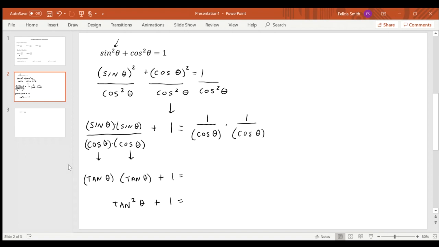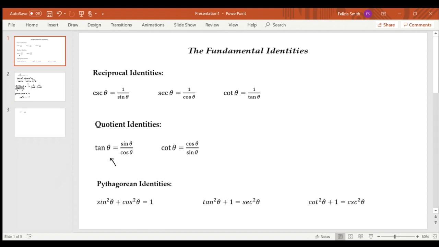Now I'm going to go back and take a look at my fundamental identities. If I'm looking at 1 over cosine of theta, that's the same thing as secant of theta.